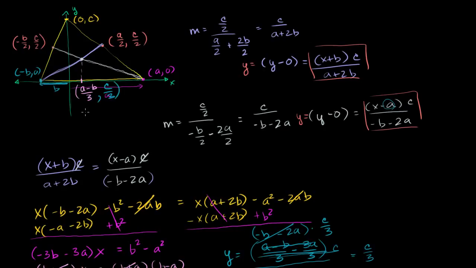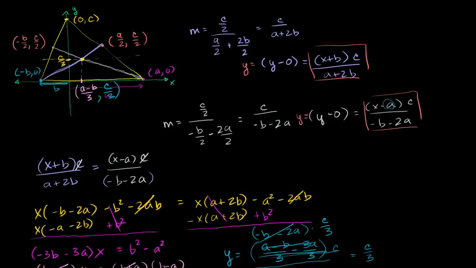Now, we could just use the distance formula now. We know all the coordinates, and you feel free to do it if you like. But there's a slight simplification, or at least in my mind, a slight simplification. We know that the y-coordinate of the centroid is c over 3. So this point over here is c over 3.